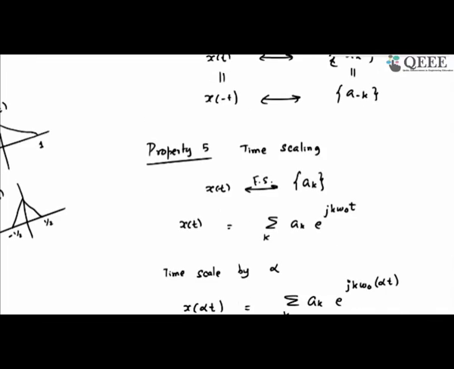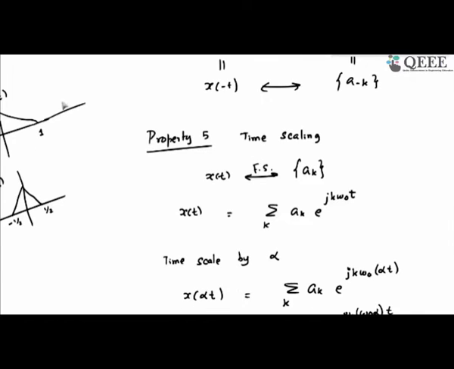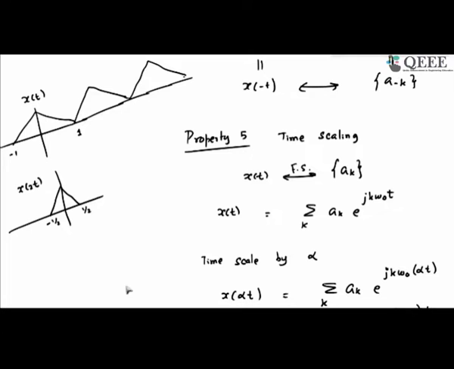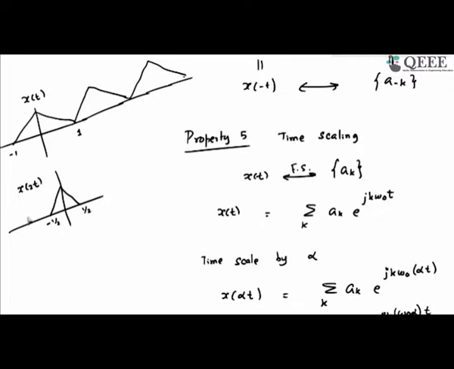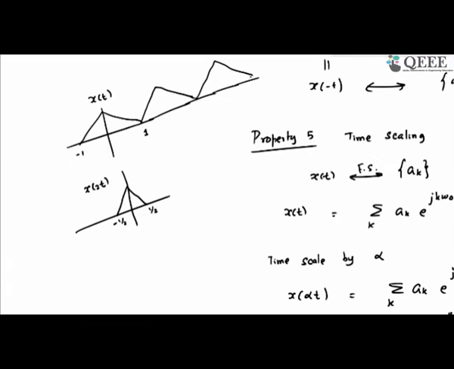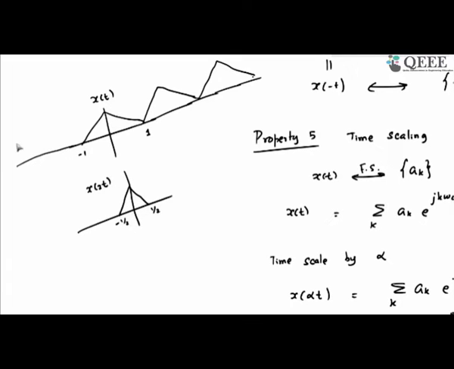So if I want to draw an example, for instance, let us say this is the periodic signal. So x of t is like this. So again when we talk about Fourier series, we have to talk about periodic signals, right. So minus 1, 1, 3, 5, minus 3 and so on.